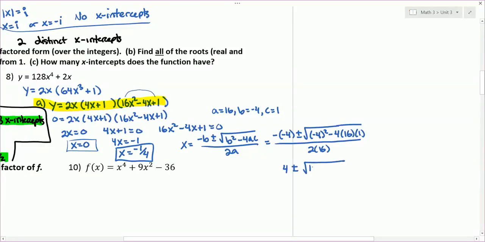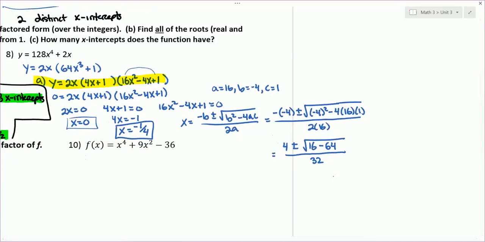Negative 4 squared is positive 16 minus 4 times 16, so minus 64, all over 2 times 16, which is 32. Keep going. 4 plus or minus 16 minus 64 is going to be negative 48, so square root of negative 48 over 32.